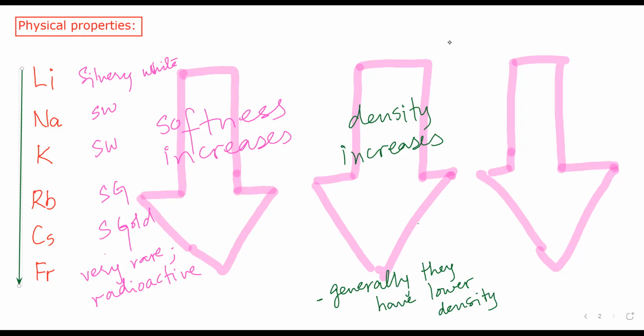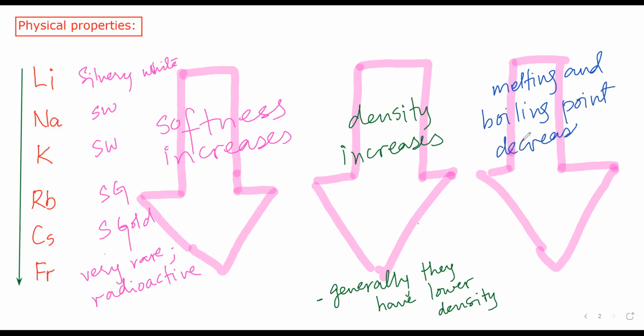Also now, talk about melting and boiling point. This is a different point. Melting and boiling point decreases down the group. Melting and boiling point decreases as we are going down the group.